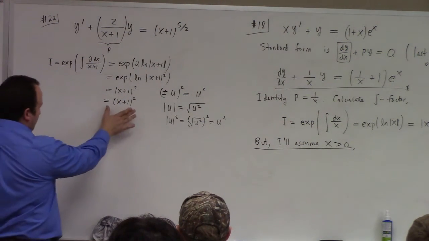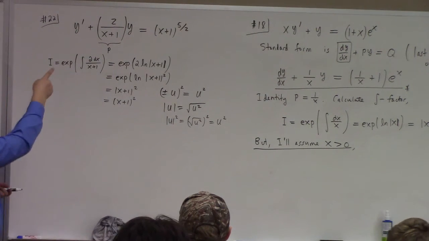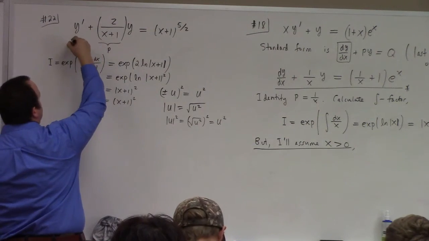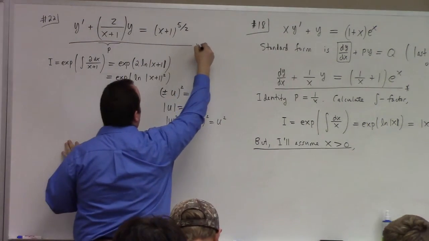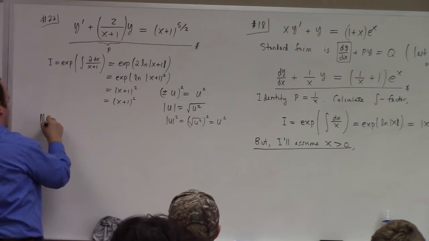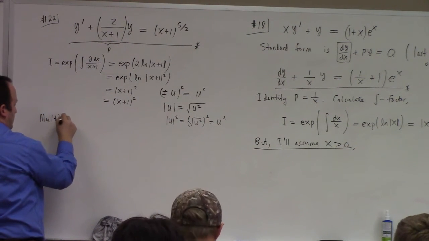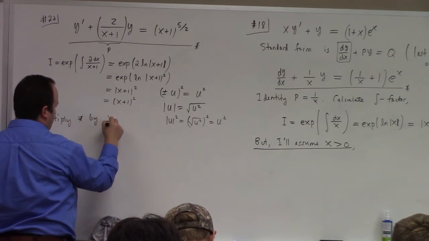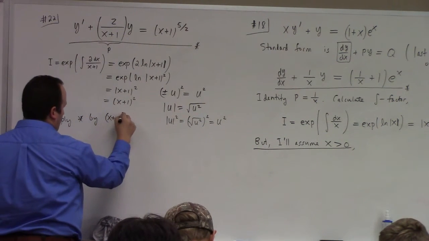Okay, anyway, there's our integrating factor. So we go up there, we multiply. I get this name. Who says name calling isn't useful? Star. Multiply star by x plus 1 squared.